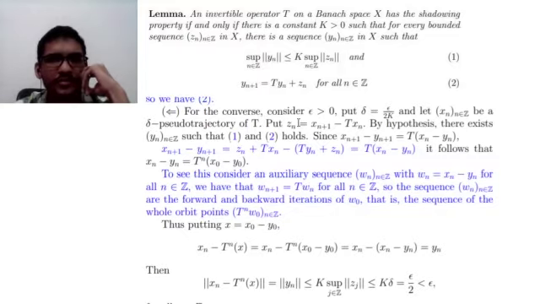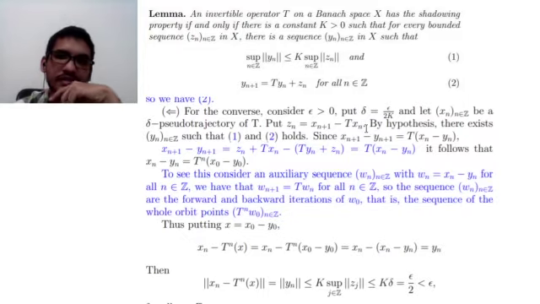We have to observe here that the sequence c_n is bounded. Why? Because it is a delta pseudo trajectory, and if you put the norm here, this is less than or equal to delta.